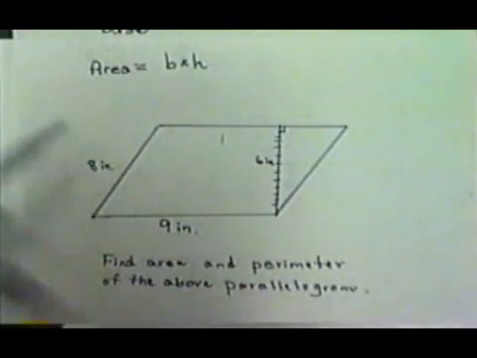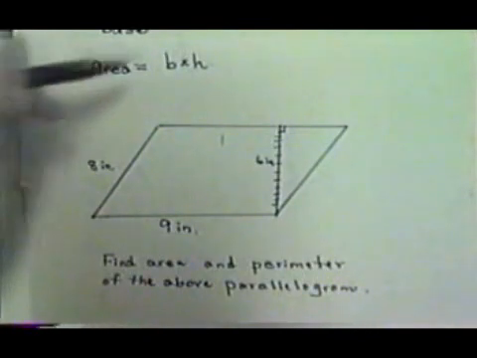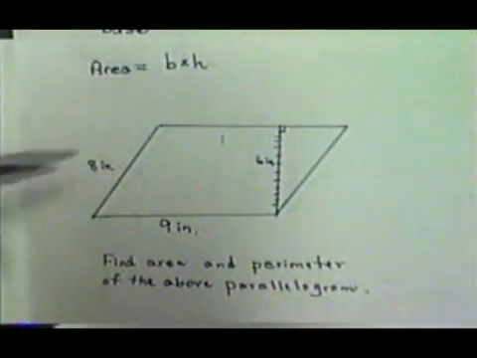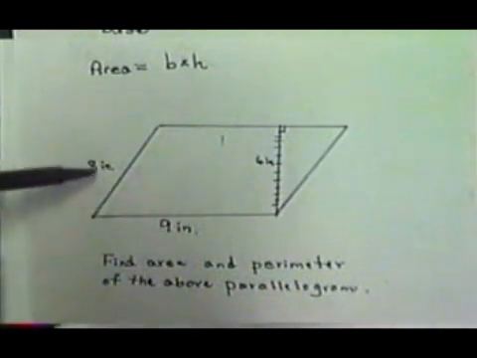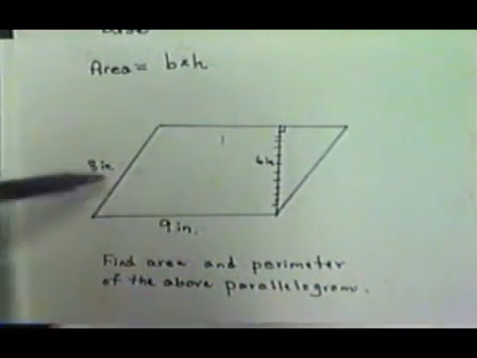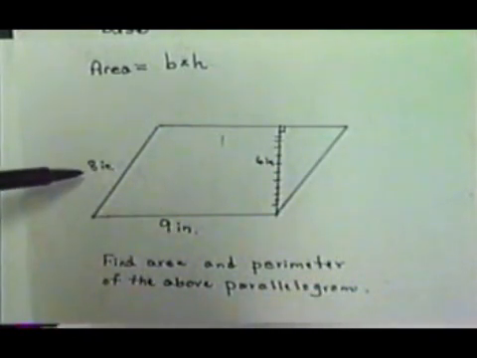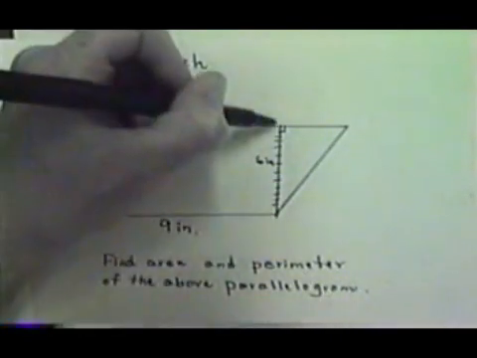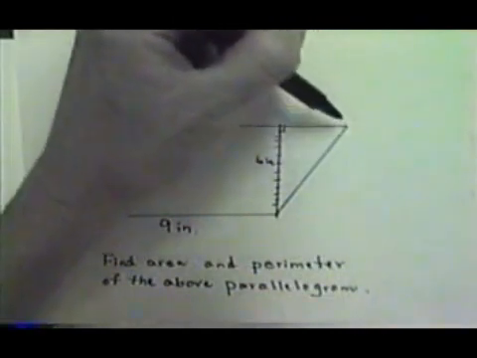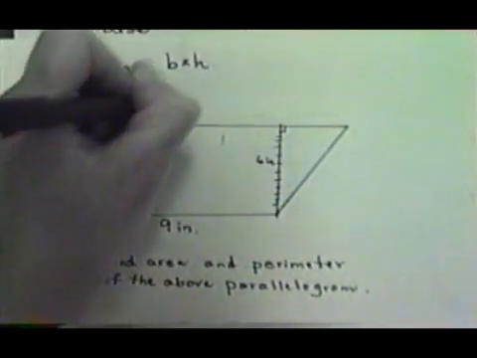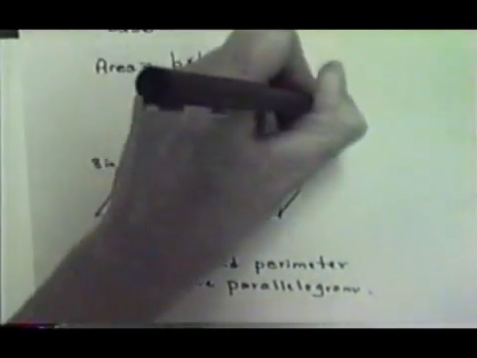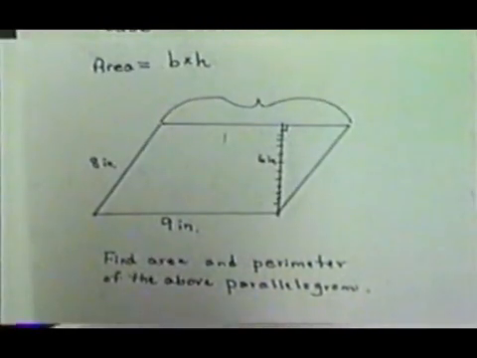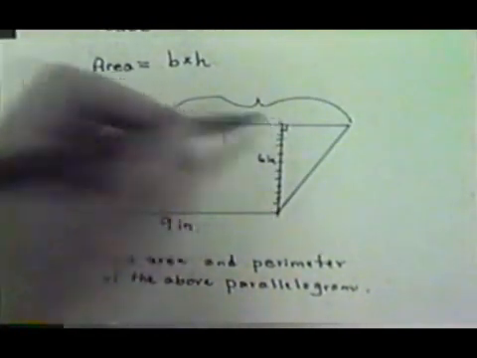Okay, to find the area, we'll just do it right up here. I said area is base times height. Either the 8 or the 9 could be the base, but your height has to be drawn to that base. And notice this dotted line goes from this vertex, and the right angle is up here. So I've got to use this side up here. That has to be my base, since that's where my height is going.